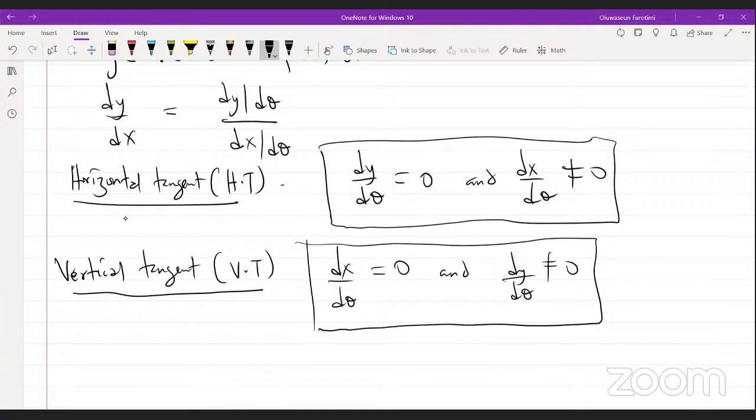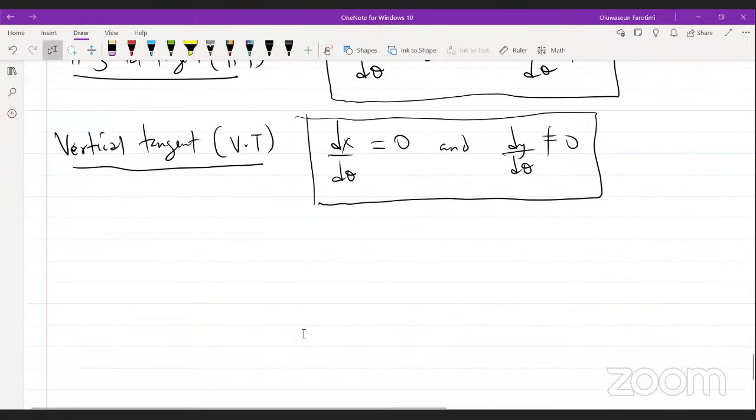The task is to find what values of theta make us have either a horizontal tangent or a vertical tangent. Okay. So now let me give you guys another example. Let's just go straight up to examples on curve sketching.